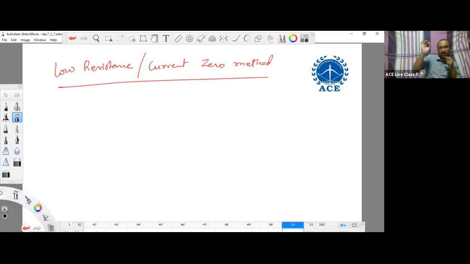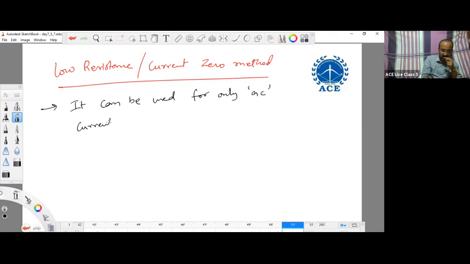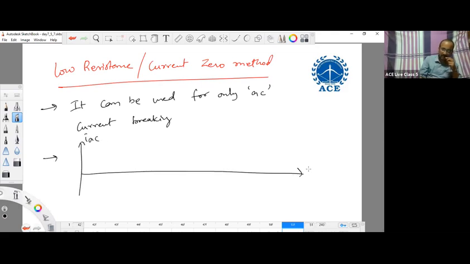It can be used only for AC current interruption, only for AC current breaking, because natural current zero points are available only in case of AC. If you observe the AC current waveform with respect to time, natural current zero points are available.